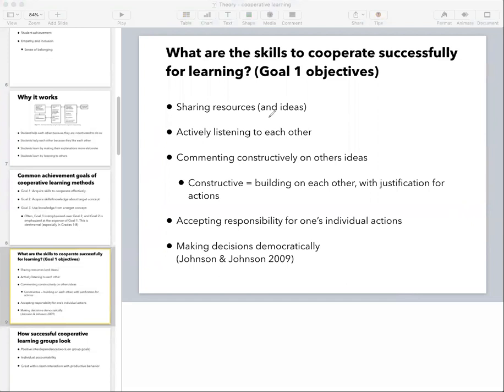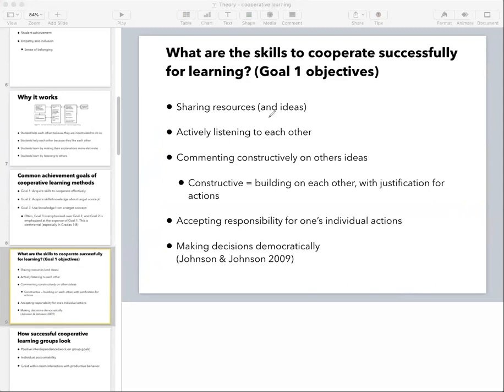There's also commenting constructively on other people's ideas. And by that, I mean building on each other's ideas and doing so rationally with justification for actions. Continuing on this responsibility and justification angle, learning to accept responsibility for one's individual actions is also a core skill to cooperate successfully. And there's some new research.